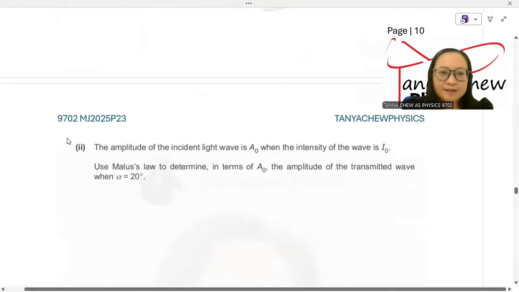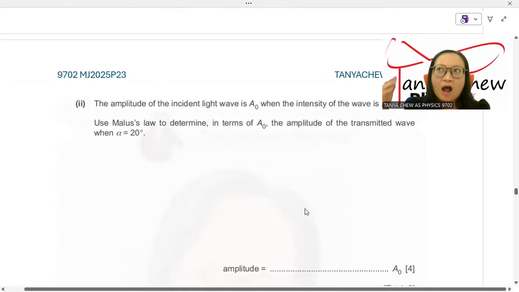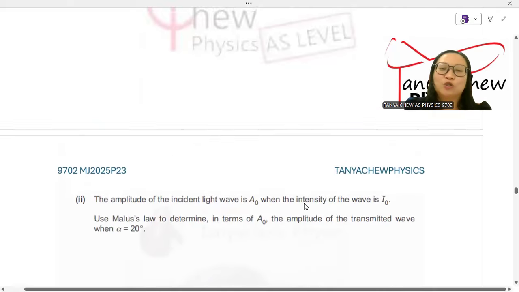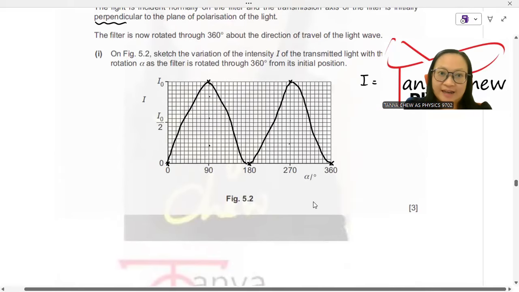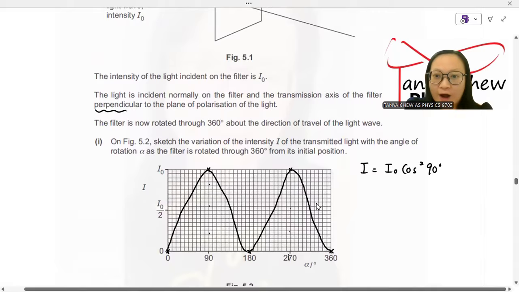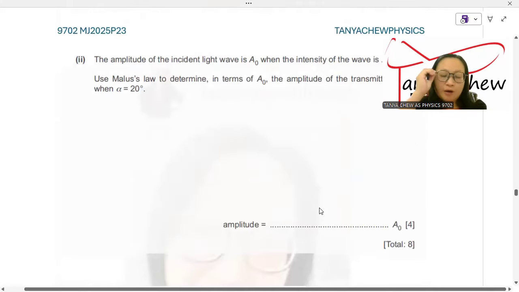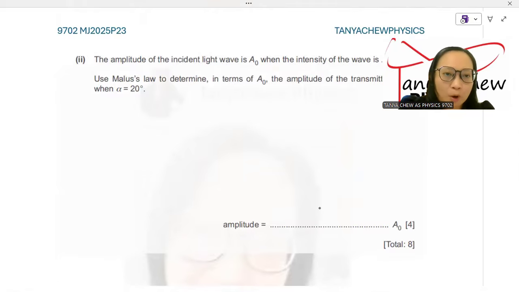Now, second part: the amplitude of the incident wave is A naught and the intensity of the wave is I naught. Use Malus law to determine, in terms of A naught, the amplitude of the transmitted wave when alpha is equal to 20 degrees. Alpha is the angle of rotation. Still remember Malus law?